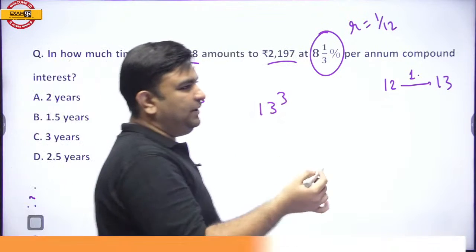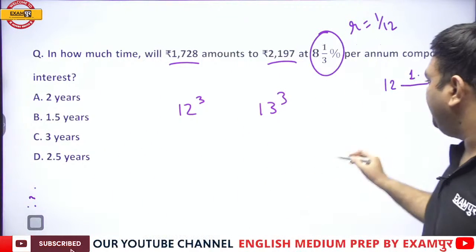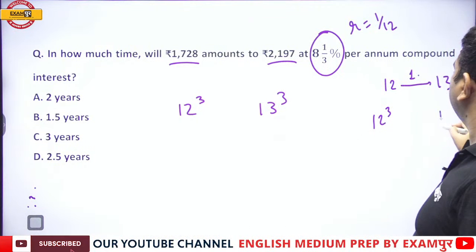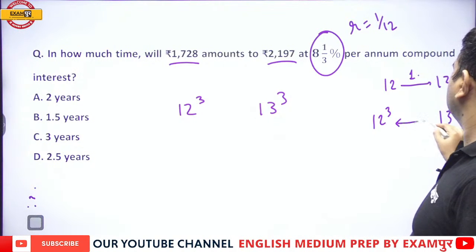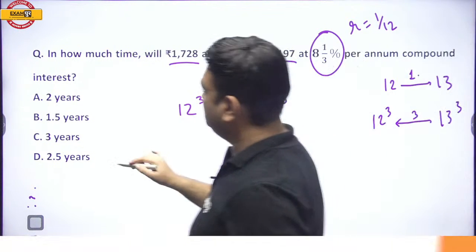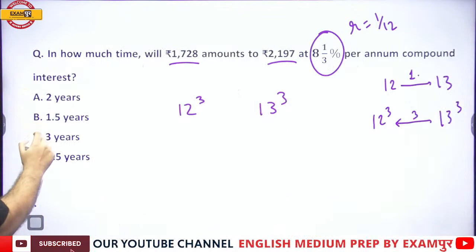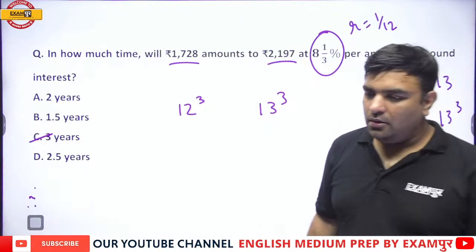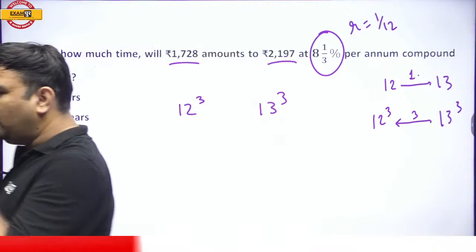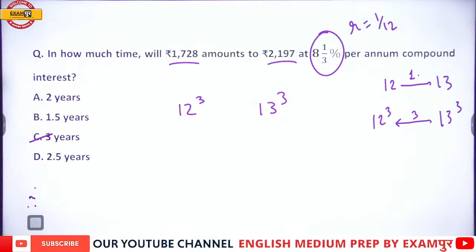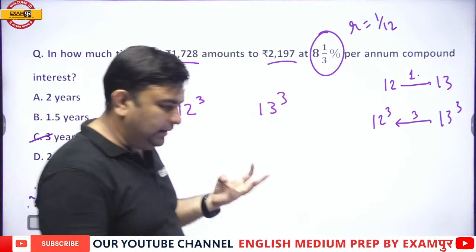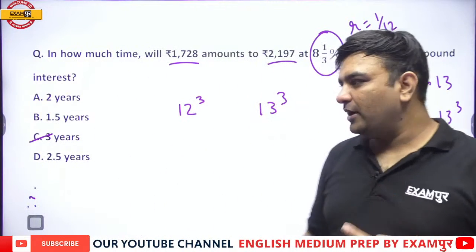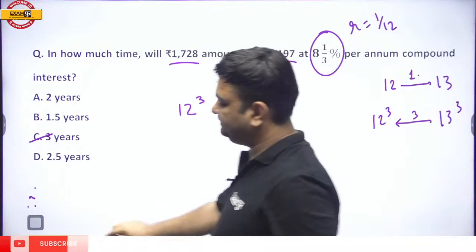If 12 is becoming 13 in 1 year, can I say 12 cubed will become 13 cubed in 3 years? One by 12 rate, so 12 will become 13 in 1 year. So 12 cubed will become 13 cubed in 3 years.